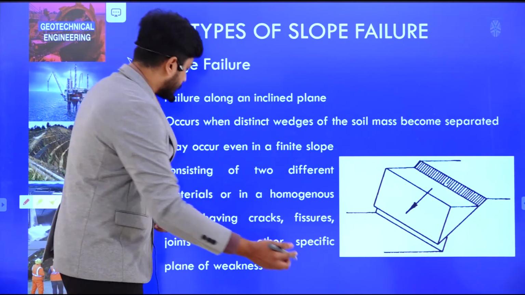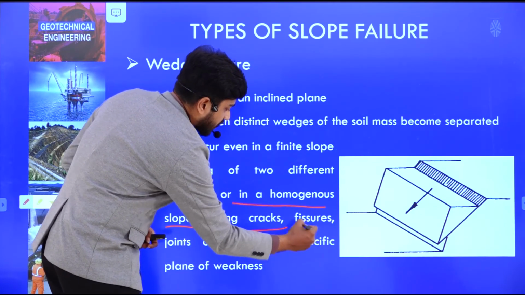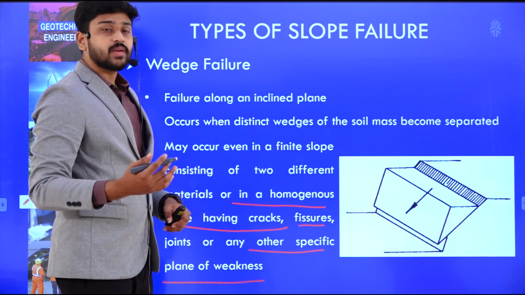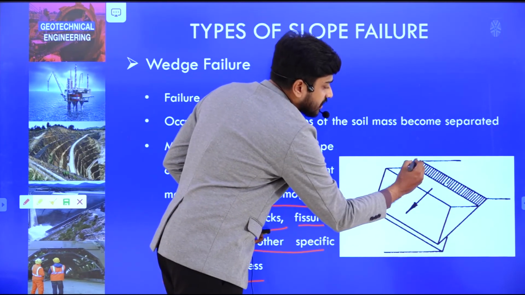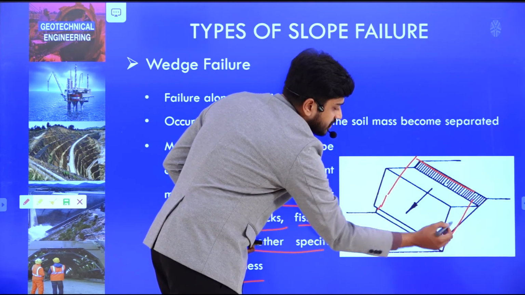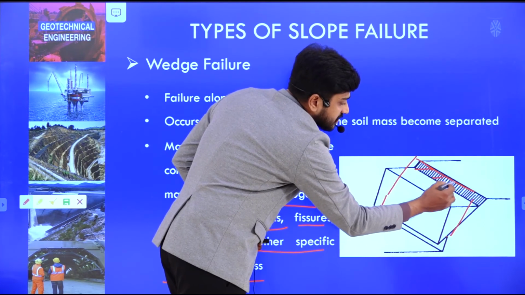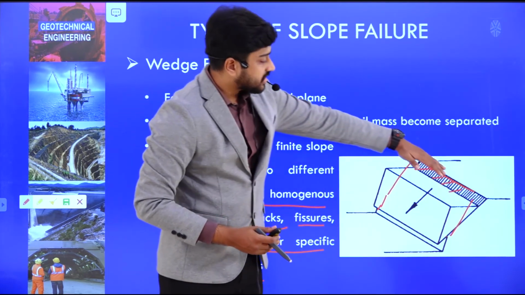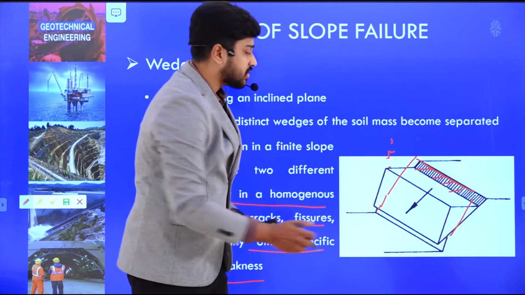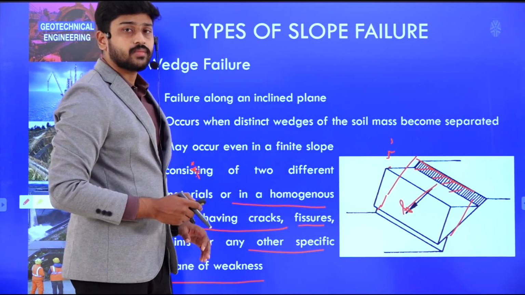Apart from these, in a homogeneous slope having cracks or any fissures, if there is any weak plane, let us say initially the sloping surface is in this manner, and now there is a weak plane, this red colored region is a weak plane. What happens in such a case also, due to the self weight or the gravity load itself, it will try to slide down in this manner. Such a case is nothing but my wedge failure.